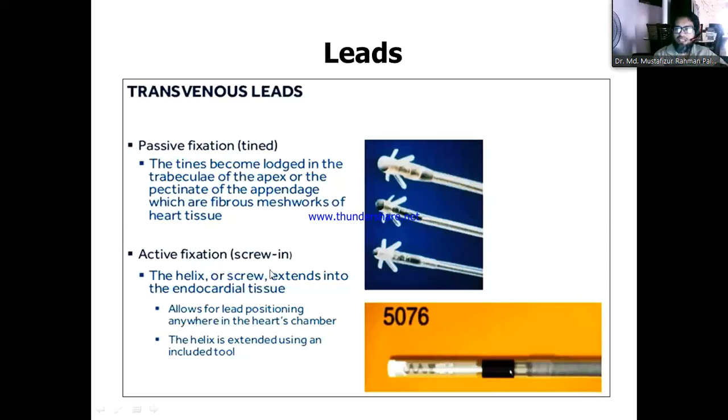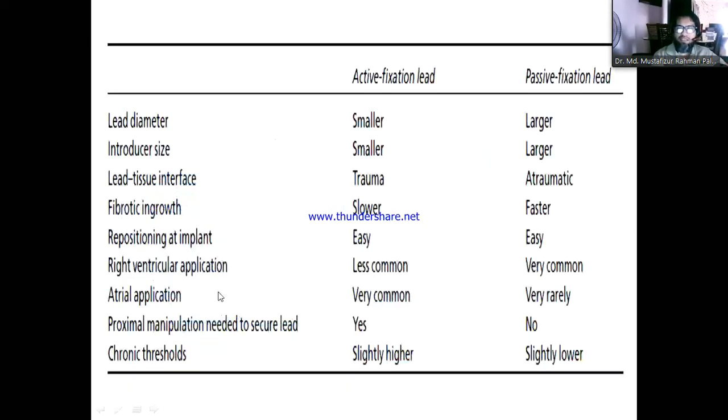Active fixation is the screw-in lead, and the helix or screw extends into the endocardial tissue. The helix or screw allows lead positioning anywhere in the heart's chamber. Passive leads go in the apex of the heart, in the trabecular pectinate, but with active fixation you can do it anywhere by screwing it in. So it is actively fixed.